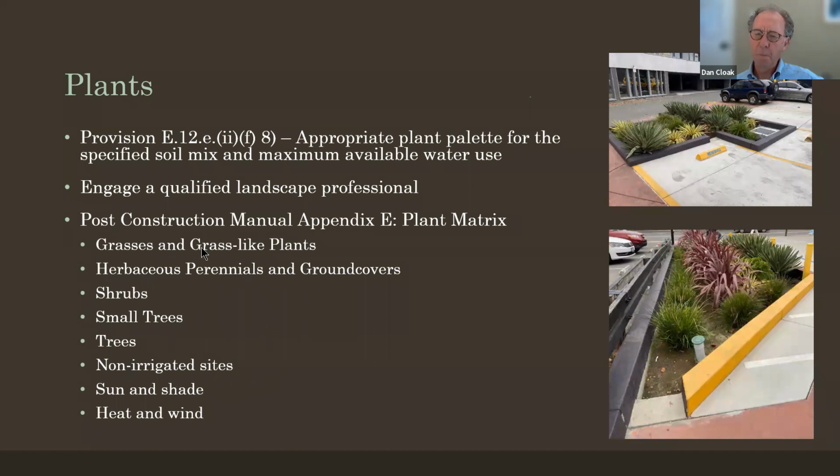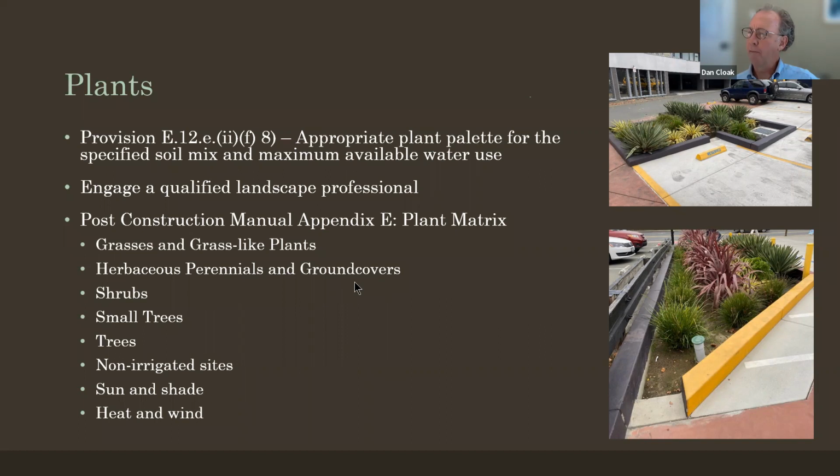But the plant matrix covers all of these things: perennials, ground covers, small trees, even large trees, heat, wind, sun, shade. All of these situations have been thought through in terms of, can you find a plant that will work in this situation, that will work with these soils?